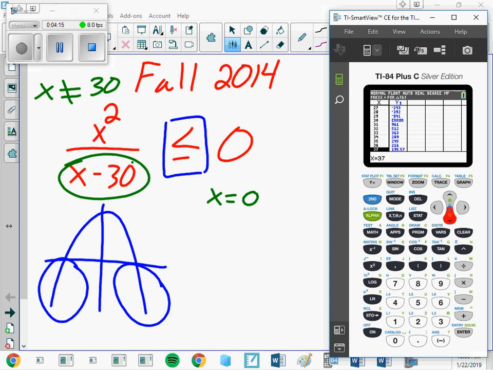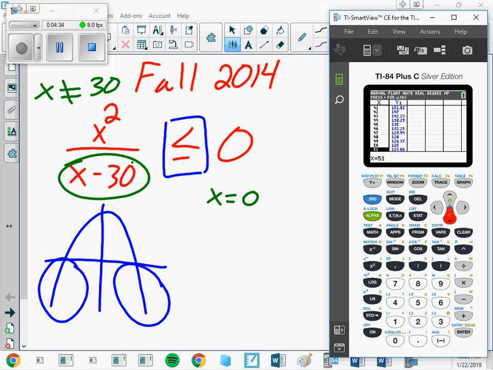I have these positive numbers, and the further I go down, eventually it's getting smaller and smaller.